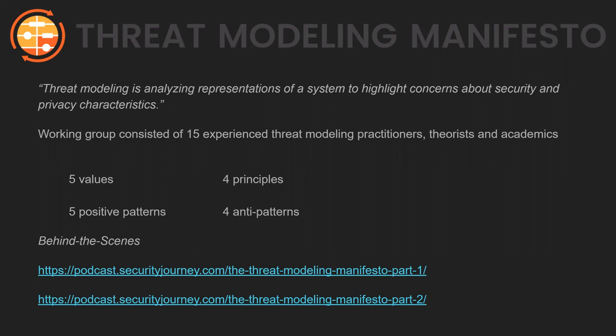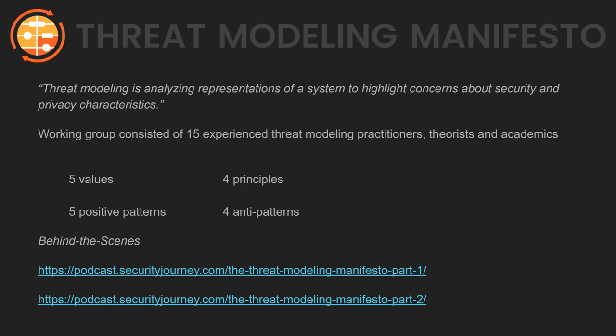For these 15 experienced threat modeling practitioners, threat modeling came out as analyzing representations of a system to highlight concerns about security and privacy characteristics. As we'll see soon, we are talking about a two-part process. We model systems, and then we analyze that model in order to highlight those concerns of security and privacy that we may have due to its own nature.